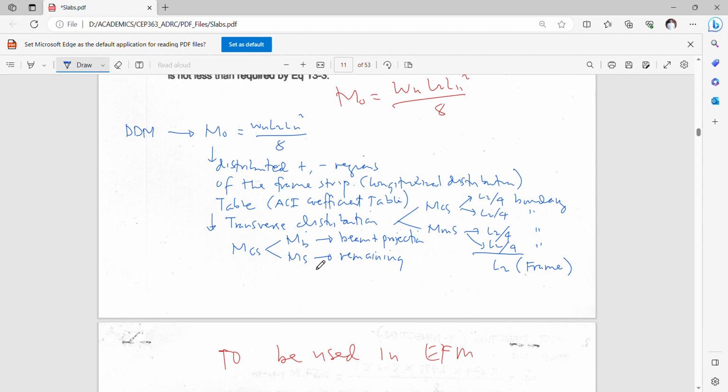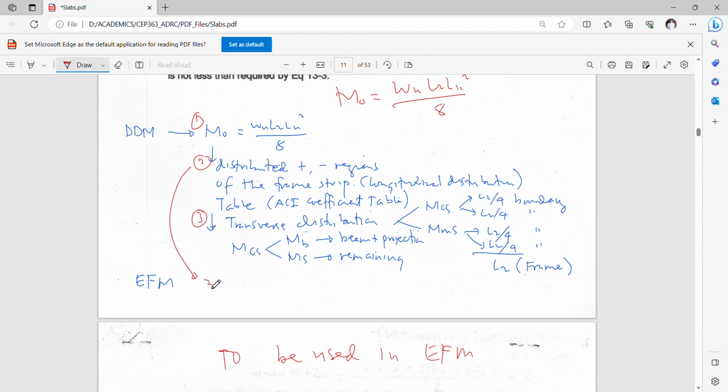Now for the ACI equivalent frame method, if this is the first step, this the second step, and this the third step, what differs is the second step.